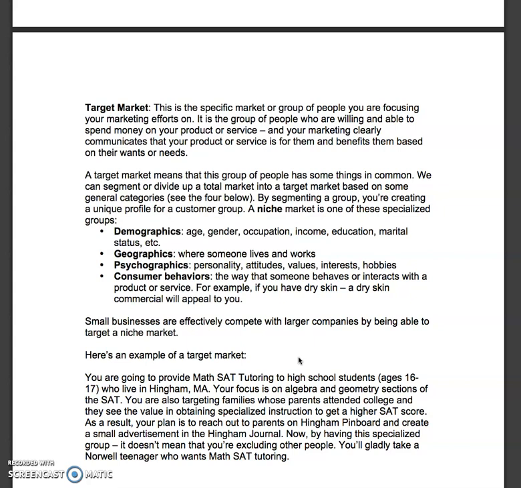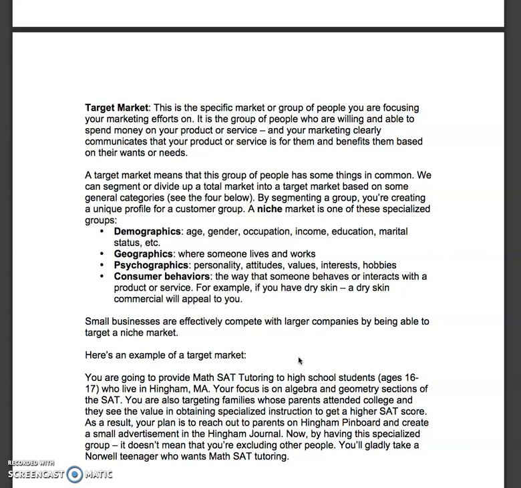You could focus on certain subjects, such as the algebra and geometry sections contained within the SAT. So now you're focusing on tutoring a certain age group in a certain geographic area who are preparing for the SAT.